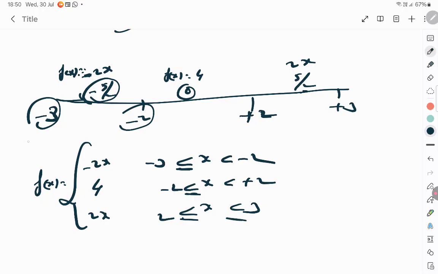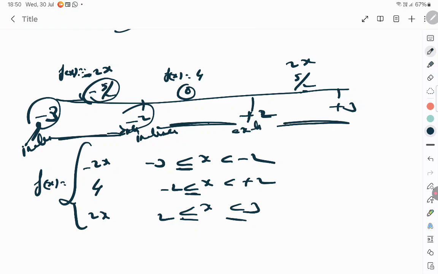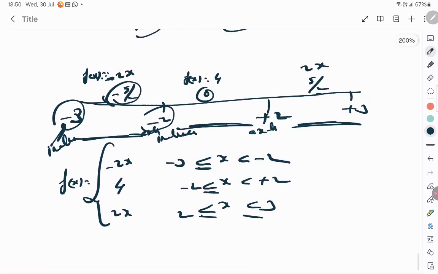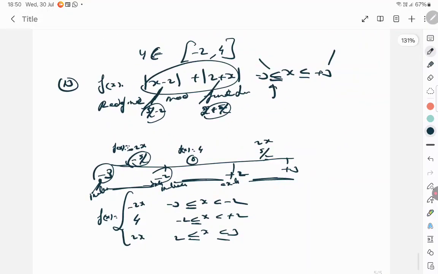So in these cases alone, if you include, then this has to be excluded in this interval. In this interval, you have to include, and this you can exclude. But in this interval, you can include both. This is how you redefine the function. I hope you understood how to redefine the function. So let's go to the next question.